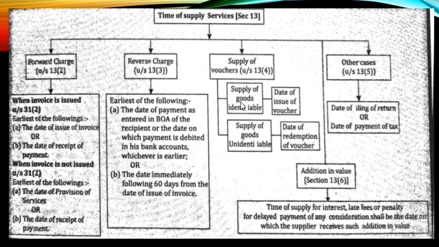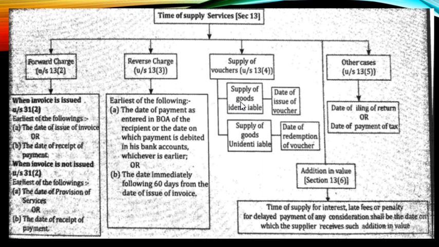A voucher is just an entry pass: who is supposed to give, what is being sold, and how it is being recorded in the books of accounts, that is, recording the expenses or the sales which have been made.